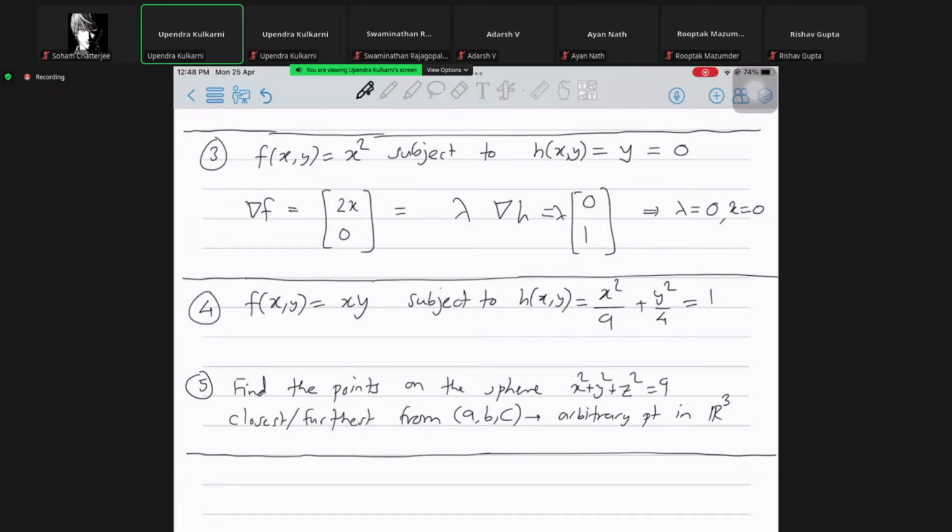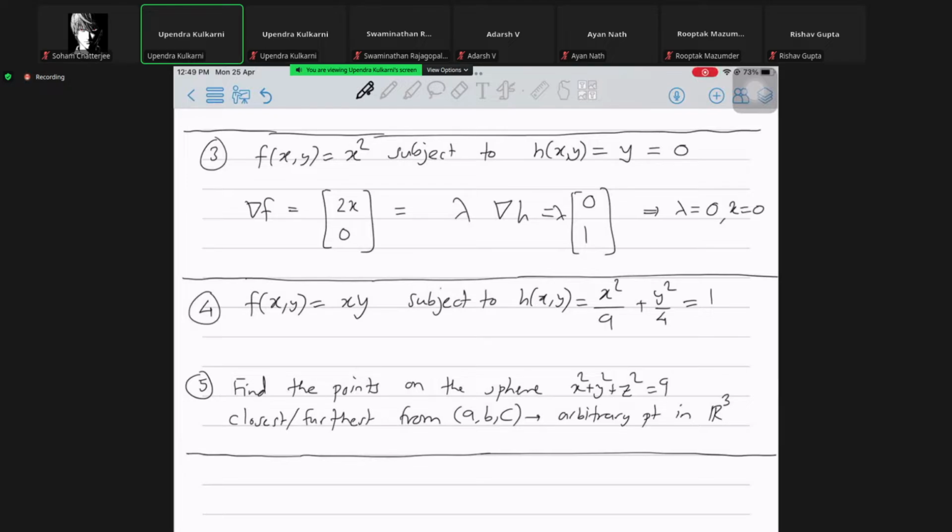Okay, so for number 4, it's going to be a matter of calculation, which we will do quickly. But for number 5, geometrically, do you see what is going to happen? For this arbitrary point, the line joining the origin and (a, b, c) will intersect the sphere at 2 points. Those exactly will be the 2 points.